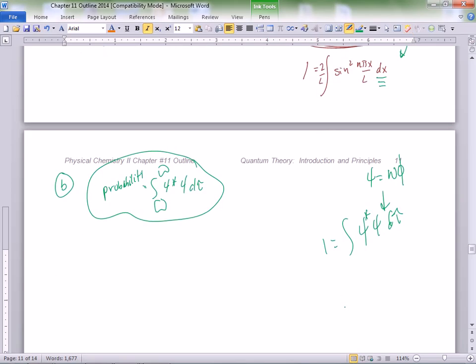And then the next step is the probability. So that psi is that psi, and that psi is that psi. They're not ambiguous at all. They're all the same.